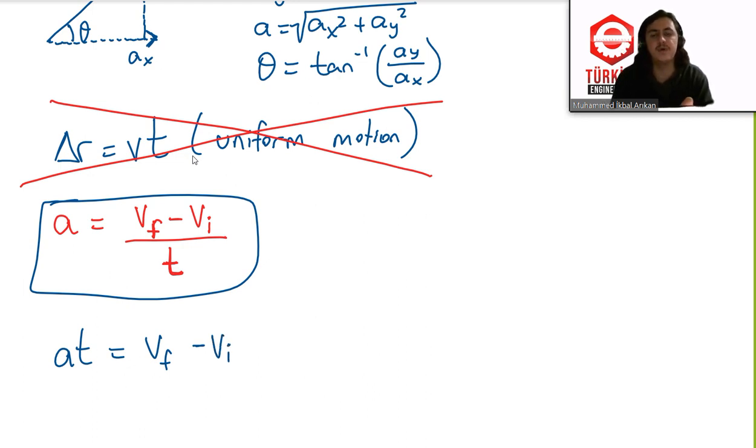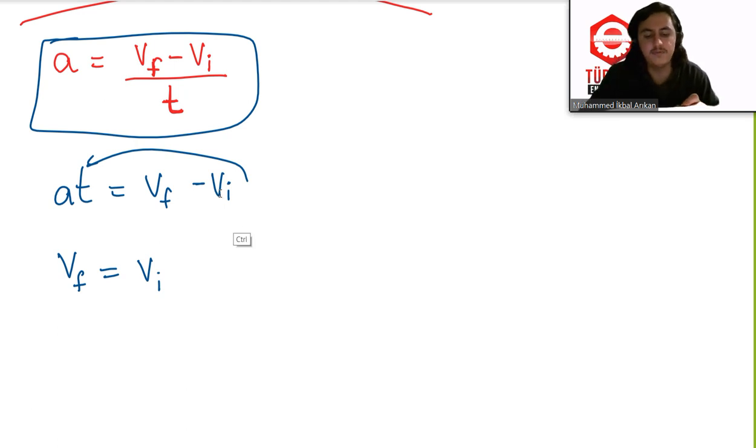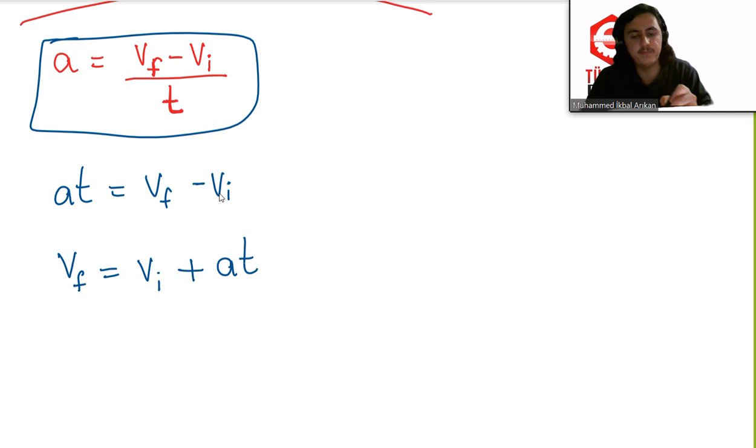I multiplied both sides by time, so time cancels out here. If you are searching for v final, that will be equal to v initial, so send it to the other side. V initial will be positive, plus acceleration times time. So this is my powerful formula for calculating final velocity when I have an acceleration.